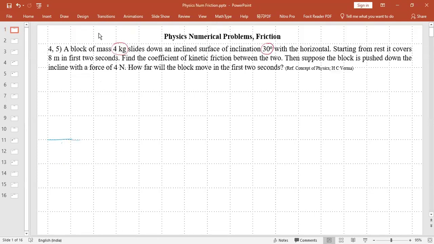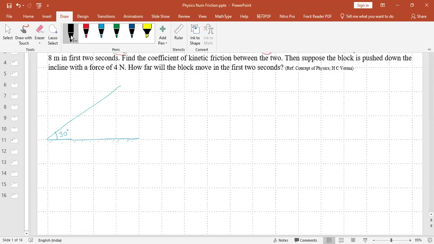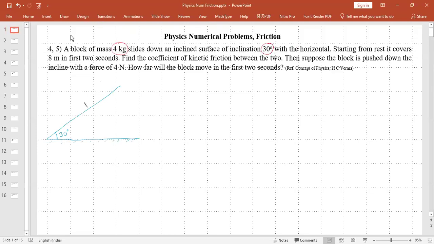Block of mass 4 kg. This inclined plane is 30 degrees and block of mass 4 kg.